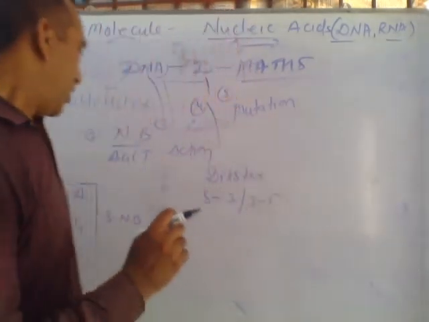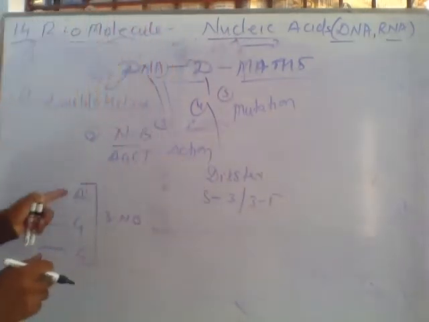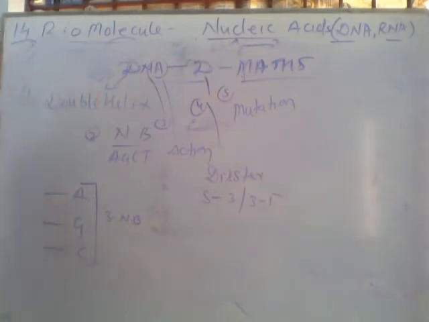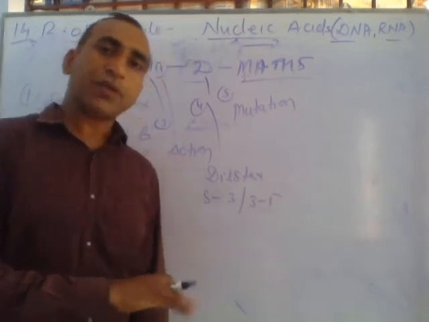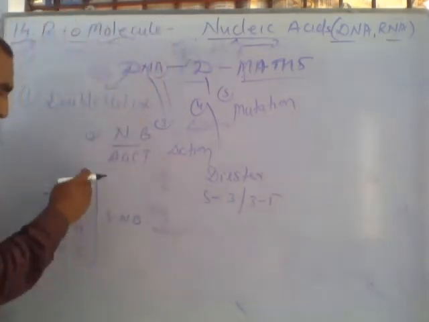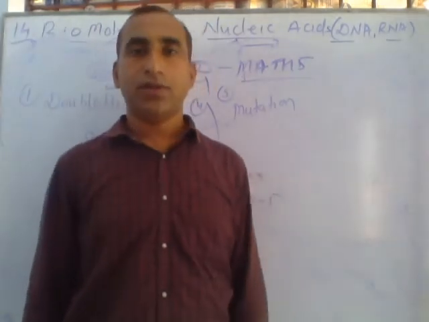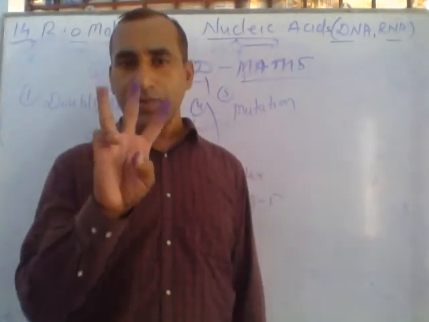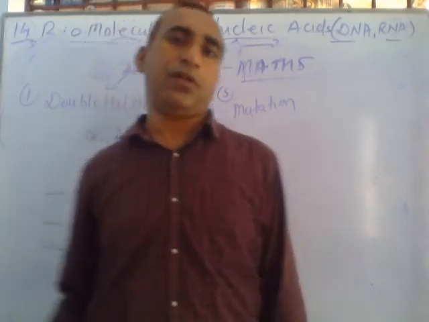Means every human being has a different sequence of these nitrogen bases. So another person has a different type. So this sequence is called gene. Genes means the set of 3 nitrogen bases which differs from person to person.